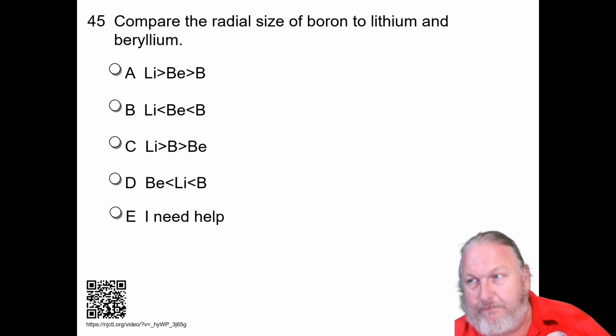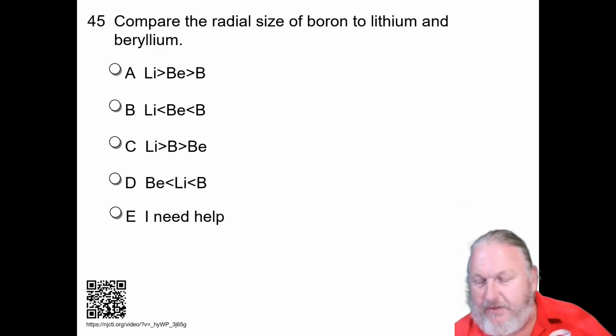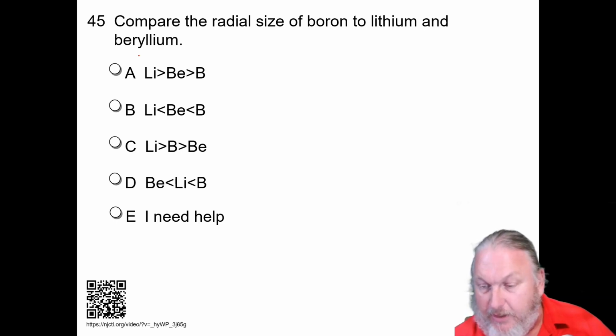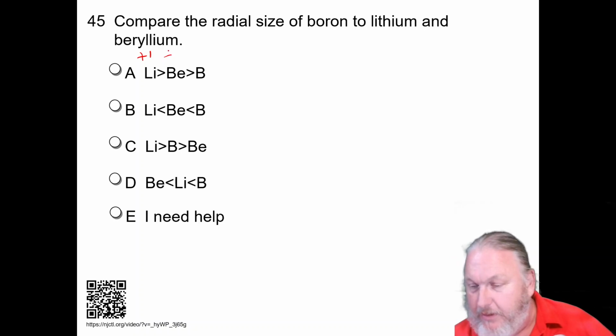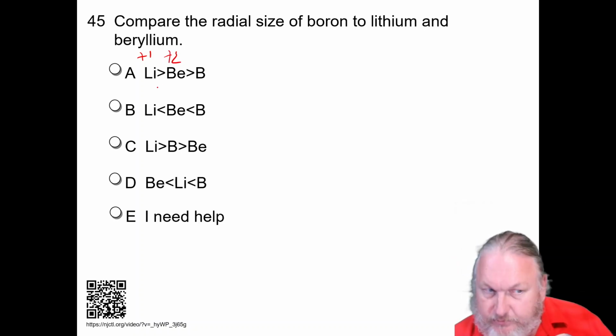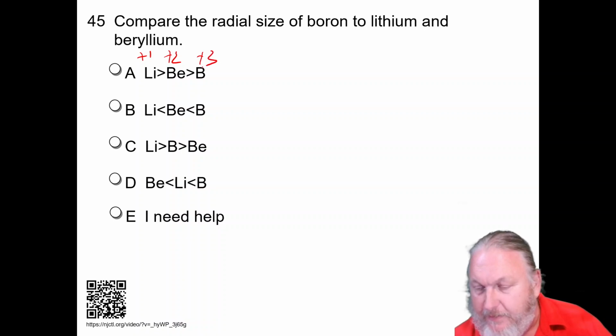So lithium, think about the Zeff for that. The Zeff is going to be +1. For beryllium, it's going to be +2. And for boron, it's going to be +3.